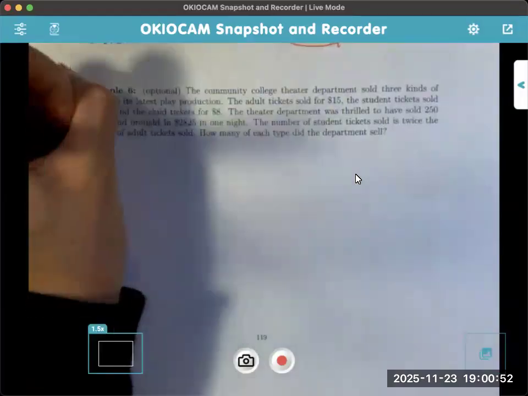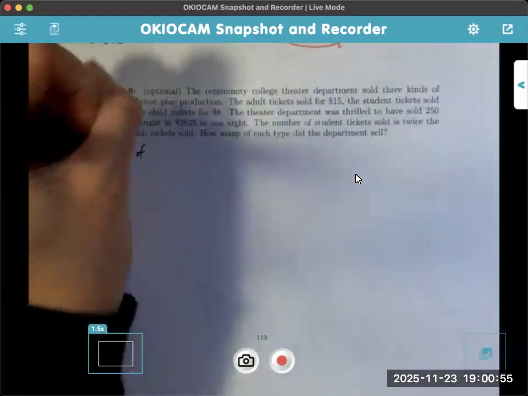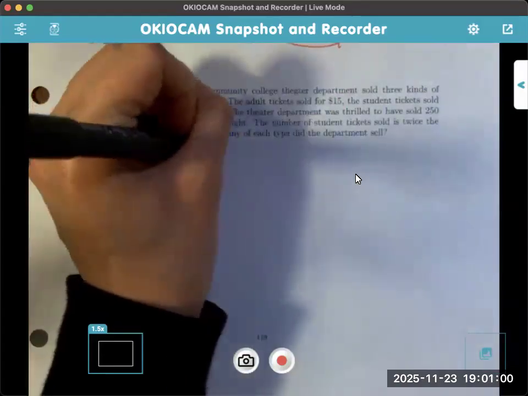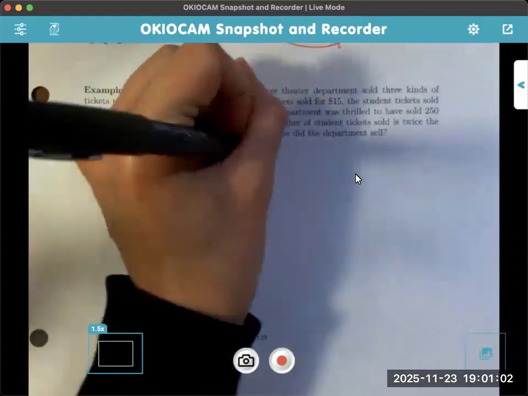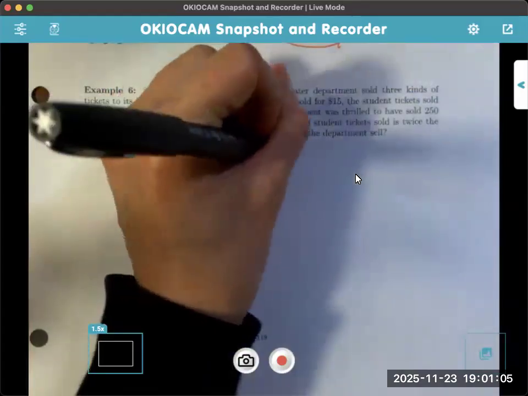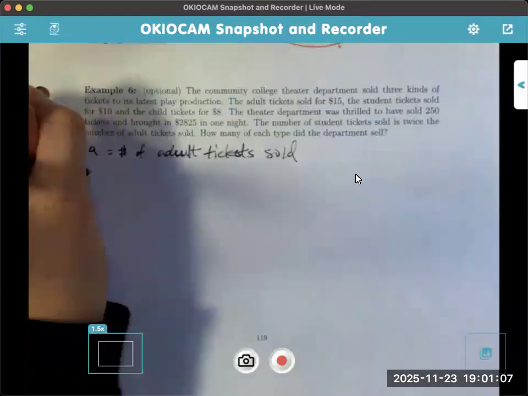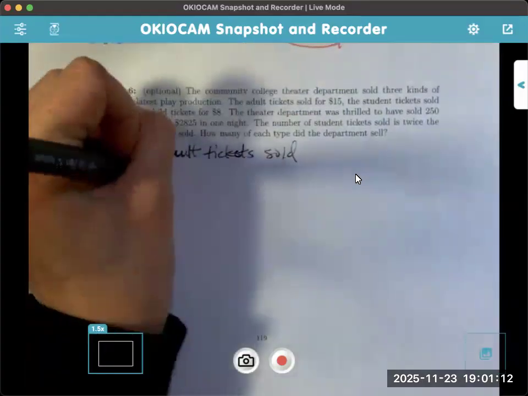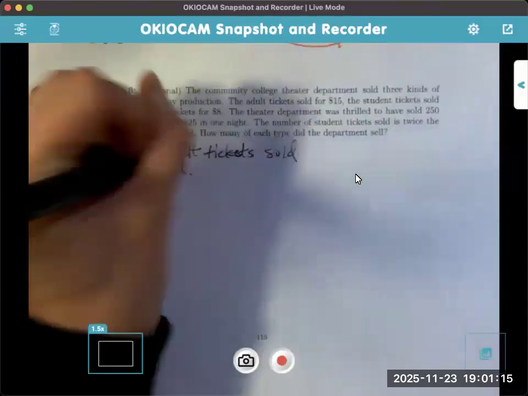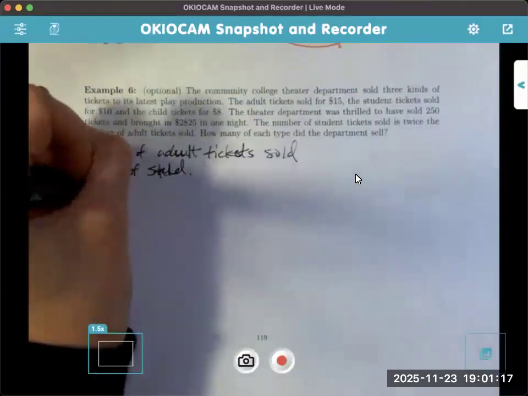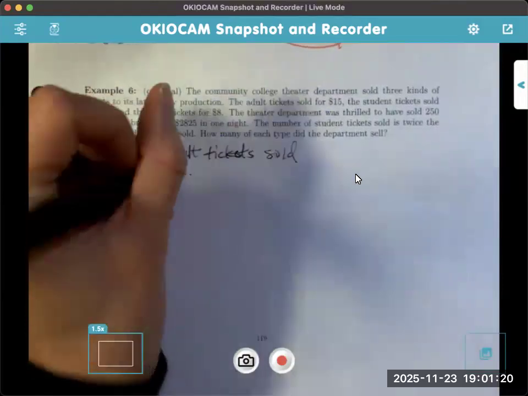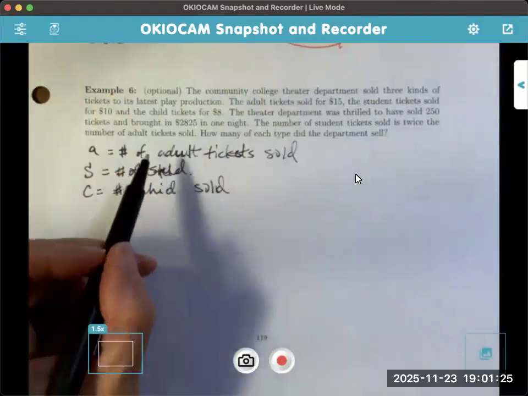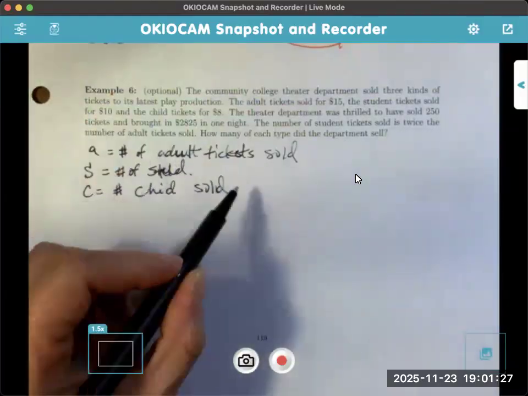So A, let's say that's the number of adult tickets sold. And then let's say we have S for number of student tickets, and then C for number of child tickets sold. Y'all know what I mean. Number of adult tickets sold, number of student tickets sold, number of child tickets sold.